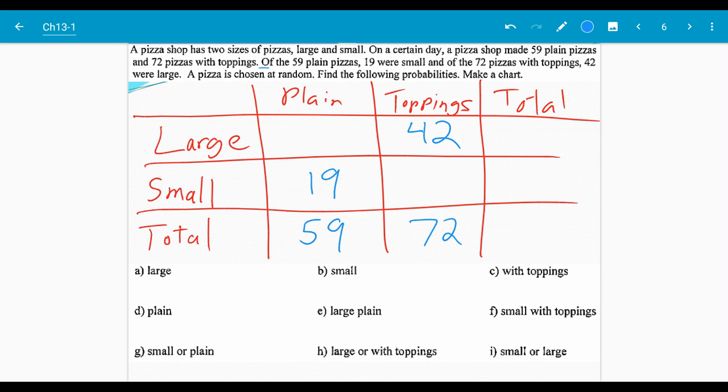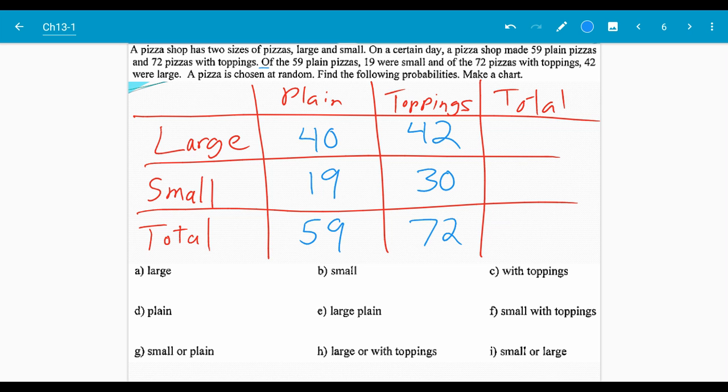We had 59 total plain pizzas. They're only available in large or small. And if 19 of them were small, 59 minus 19, we have 40 large plain pizzas. Similarly with the toppings, 72 total, 42 are large. Subtract that away. That leaves us with 30 small topping pizzas.